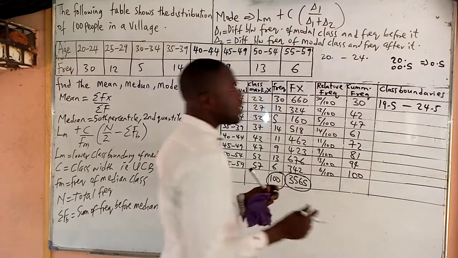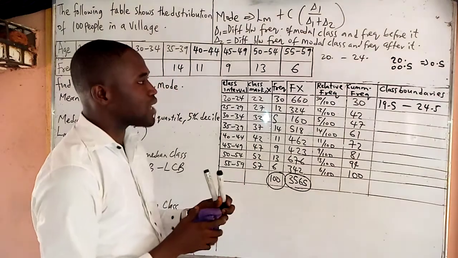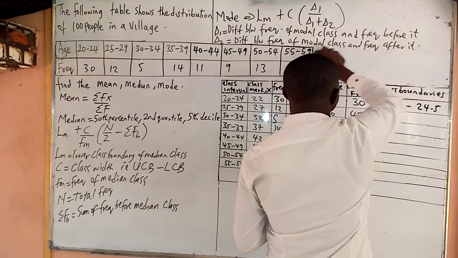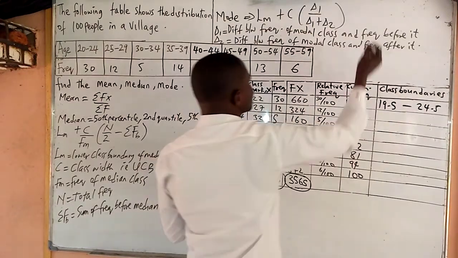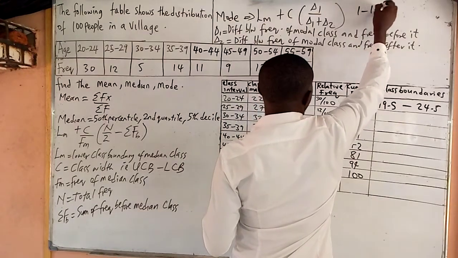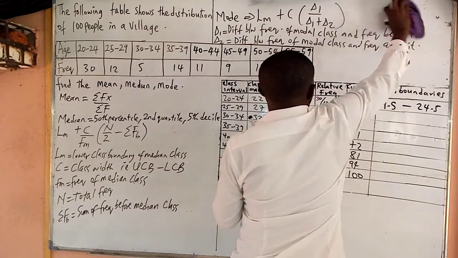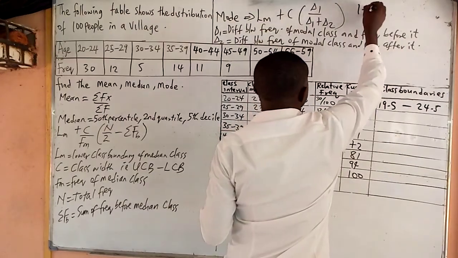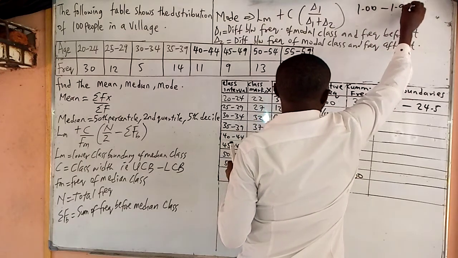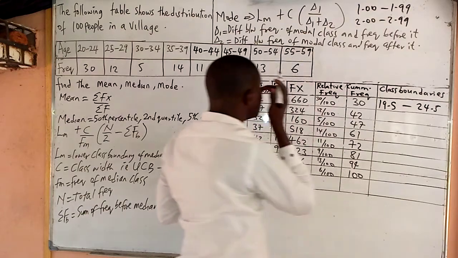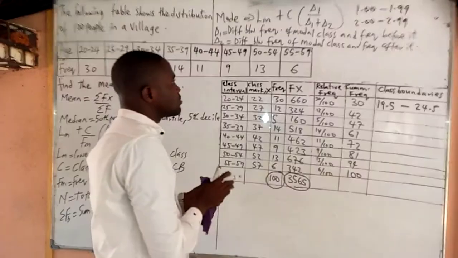But is it only 0.5 that you will add or subtract? No, it can be any value. Let's see other values you can get. Assuming the class intervals are 1.00 to 1.99, 2.00 to 2.99, etc. Look at what you will use to subtract and add.